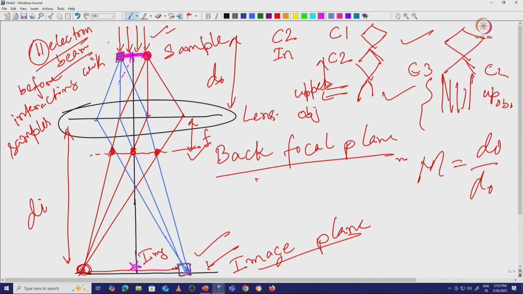So, if we just draw this one, all the rays will come like this, okay, and they will go like that and converge in this particular point, right, and then it will give us this star at the center.